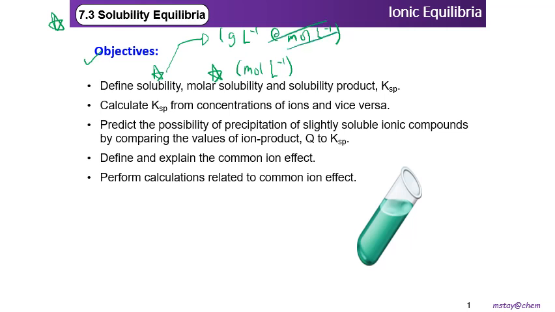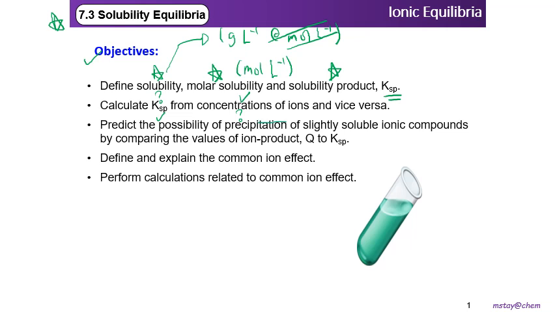We also need to know the definition of the solubility product, which is represented by the Ksp. When we are given the Ksp value, we are able to determine the concentration of the ions. The other way around, if we are given the ion concentrations, we can determine the Ksp value.